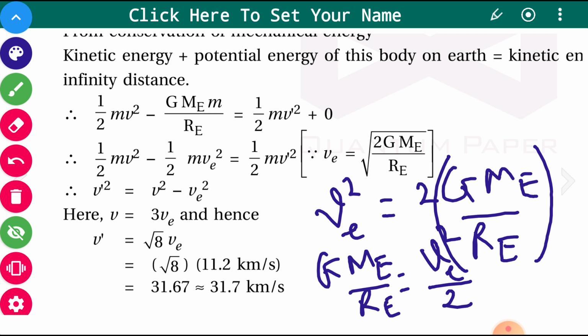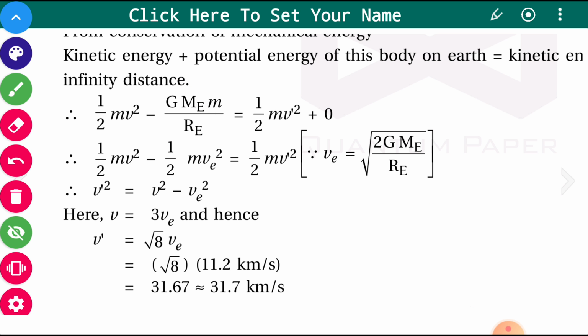So instead of this GME upon RE, we write VE square upon 2. That equation will have the new format. Instead of GME upon RE, it is VE square by 2, so it becomes minus 1 by 2 mVE square. Here everything is remaining as it is. 1 by 2 and m will be cancelled out from each and every step.